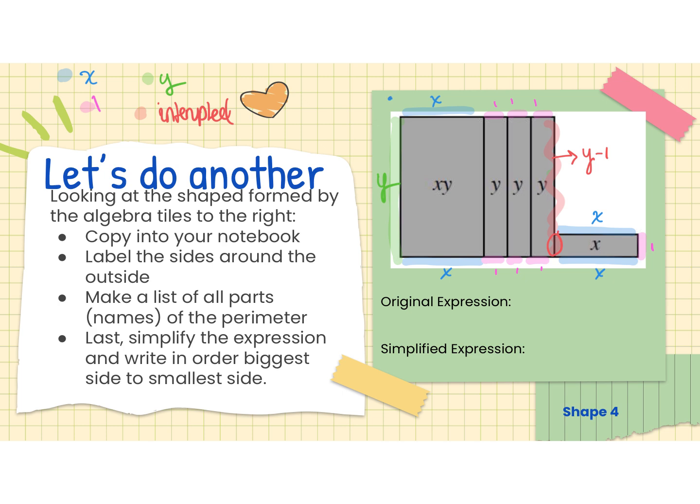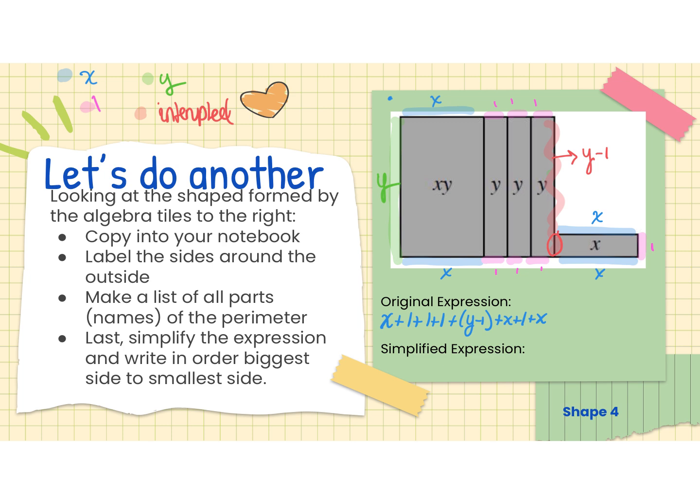We'll start right here. We have an x, and then we have 3 1s. Okay, then we have a y minus 1. Then we have another x, another 1, and another x. And that is what happens when you're talking and writing at the same time.